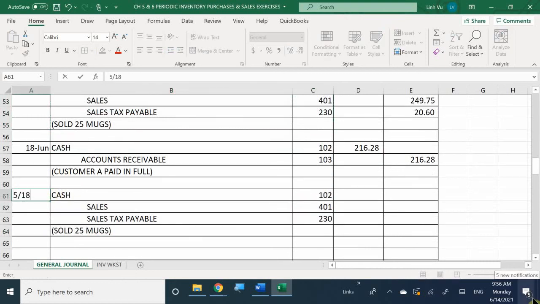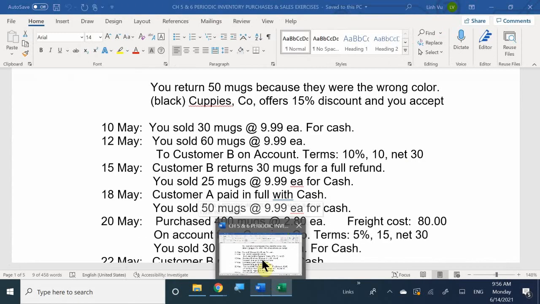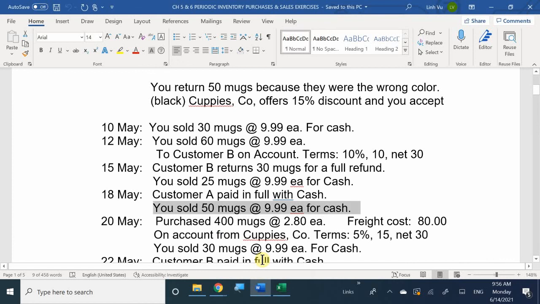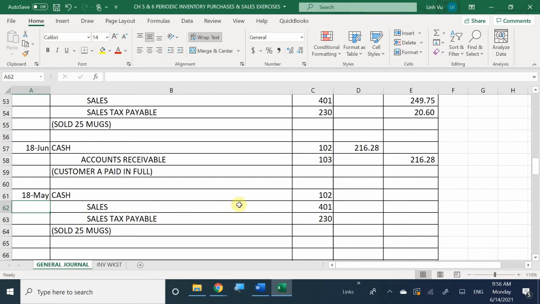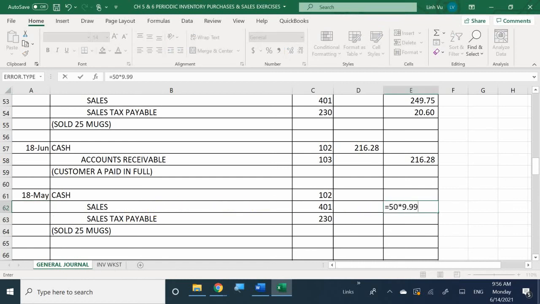On the 18th of May, how many mugs did I sell? 50 at $9.99. We sold 50 of them at $9.99, so sales. So what's my total sales? $499.50. And then how much tax am I subject to collect from the customers? $41.21.